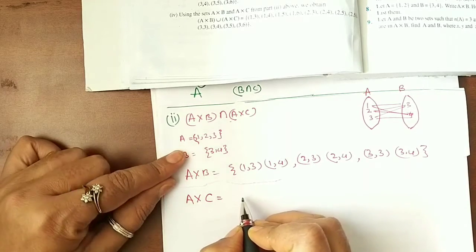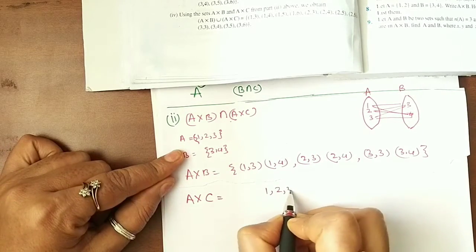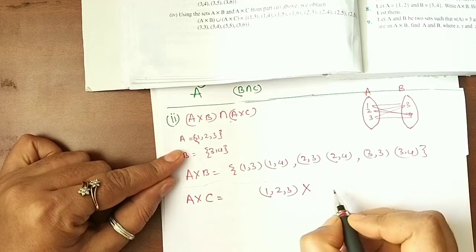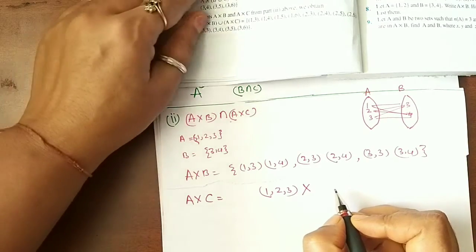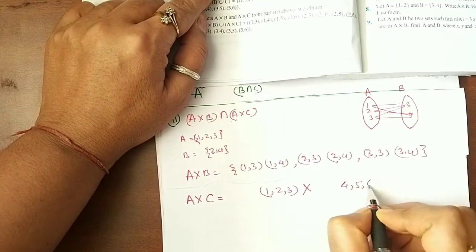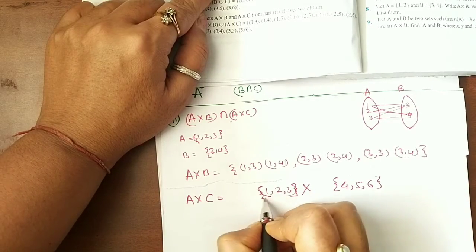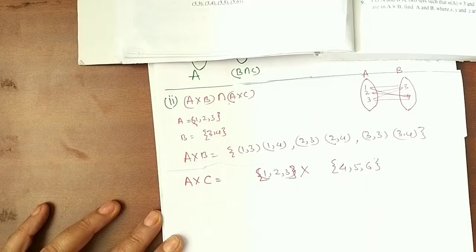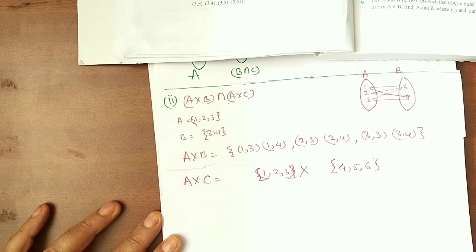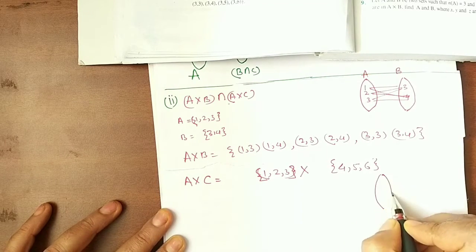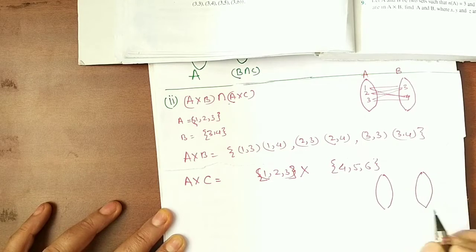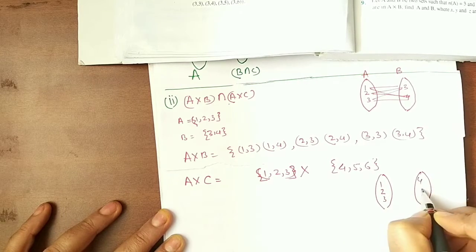A cross C means, guys, A is {1, 2, 3} and C is given to be {4, 5, 6}. Sorry, these sets are always kept in curly brackets. So what will be A cross C? I prefer to make a diagram so that nothing is left over.